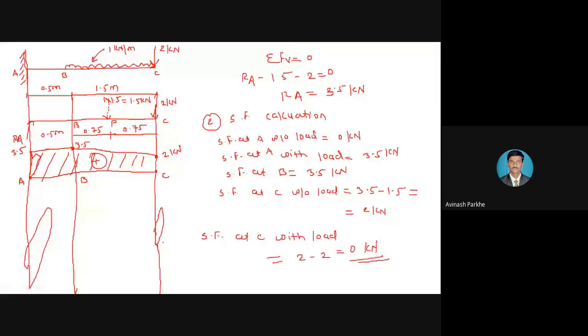In a shear force diagram, the UDL is represented by the inclined line. Therefore, from A to B, a perfectly horizontal line is there, because there is no force between A and B, but between B and C there is a UDL. So from 3.5 up to 2 kilonewton, automatically you will get the inclined line. So this is SFD.